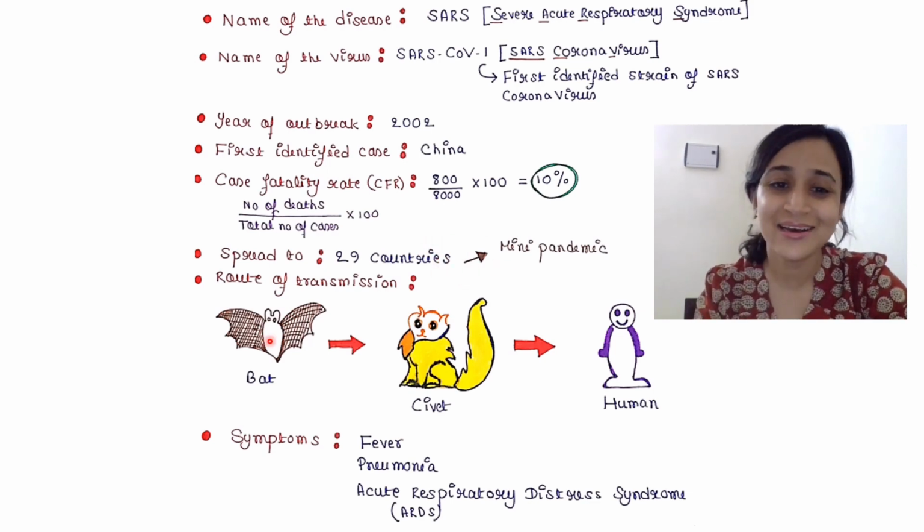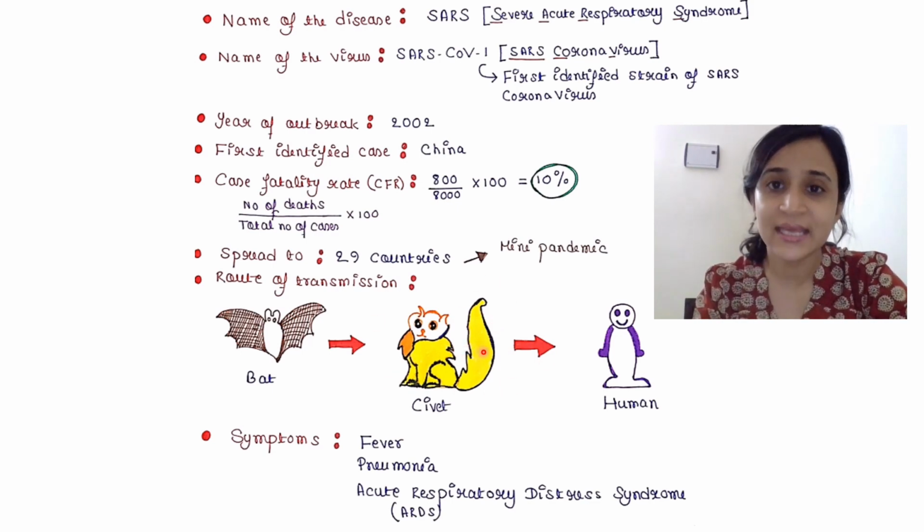Now, if we consider the route of transmission, bat is the primary host that was infected by the virus. In the bat, the virus was mutated and then it was transmitted to an intermediate host, that is a civet. Civet is a kind of cat.